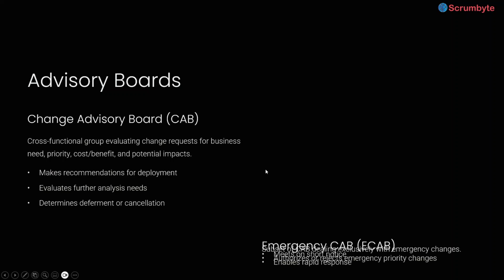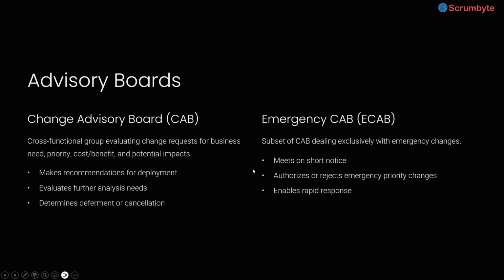There's another kind of advisory board which is called the emergency CAB. This is a subset of it, but here there is a higher level of requirement for a change. It's something that just cannot wait, and it requires an immediate rapid response. So it meets on short notice, like when something has happened that has crashed the system and you have to make a change, and it has to be approved.